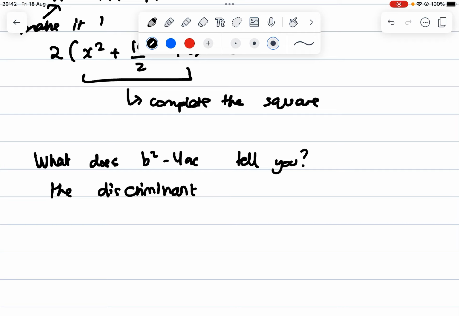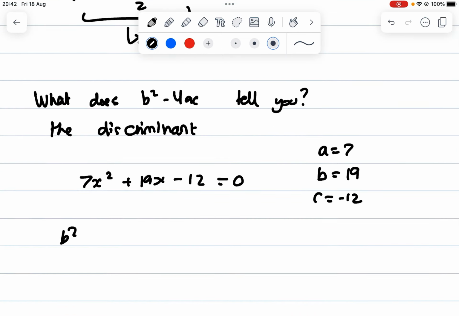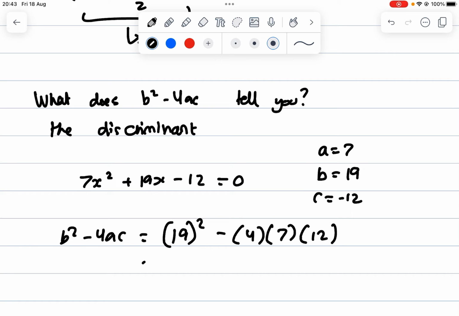So if I had a quadratic 7x squared plus 19x minus 12, then a equals 7, b equals 19, c equals minus 12. b squared minus 4ac equals 19 squared minus 4 times 7 times 12, which is whatever it is. I have my calculator, I'll just do that. That's 25.